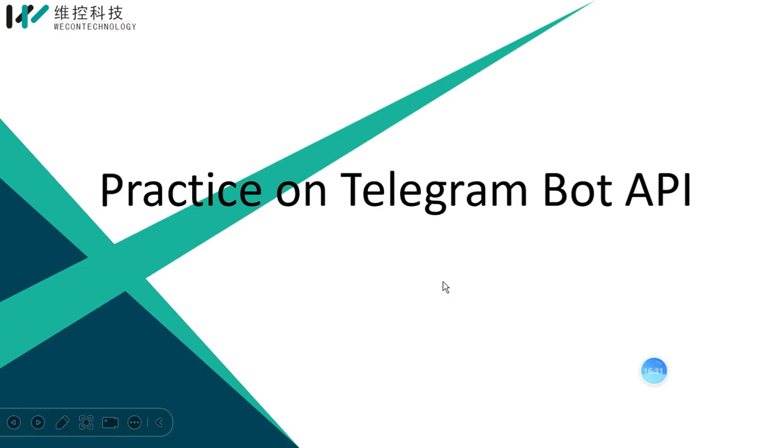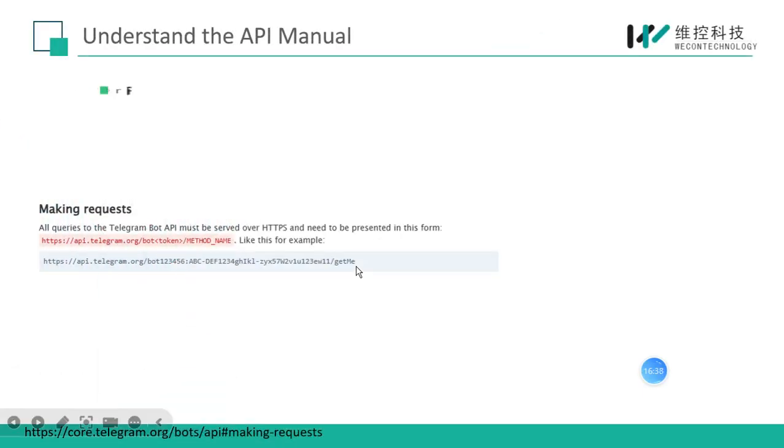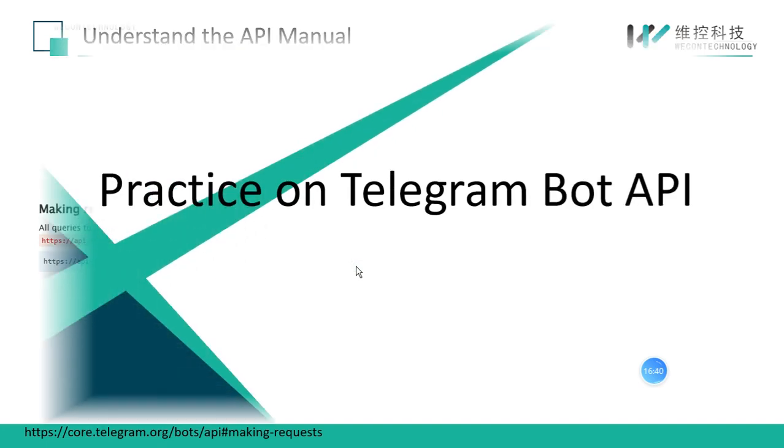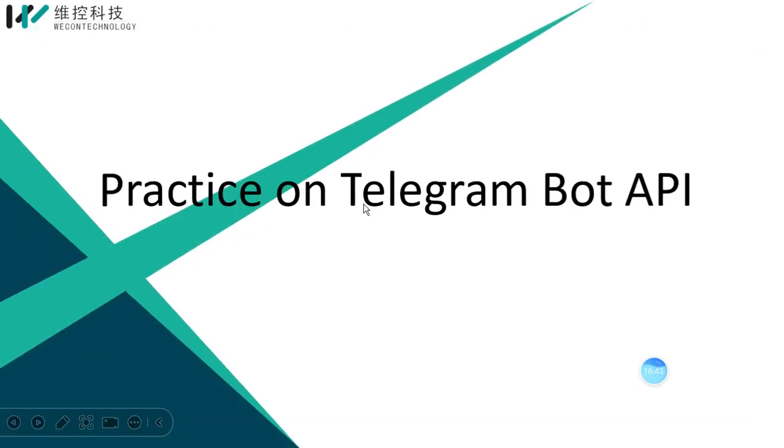So next is the practice on the Telegram bot API. Telegram has an official chat robot. We can use this bot to notify us when we have an alarm or a message. Okay.